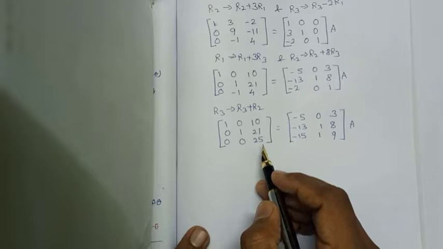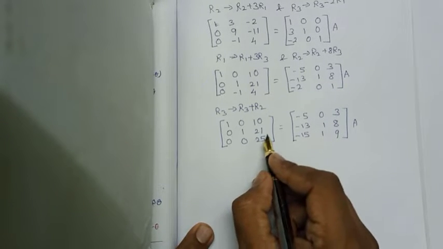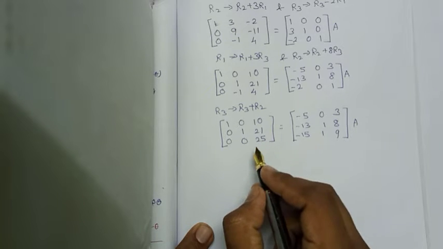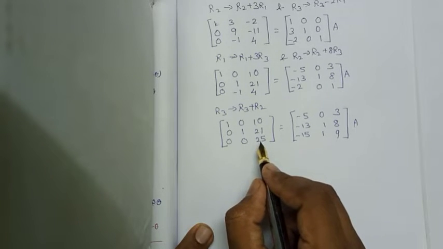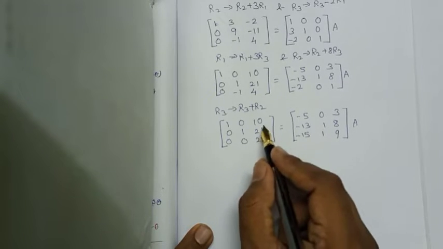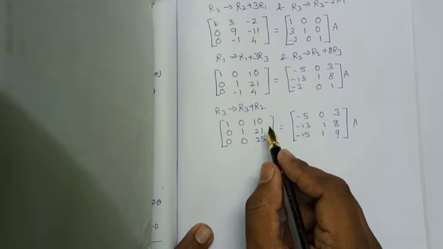We can see both entries are distinct, so any one of the entries we change to 1, that is the third row and third column. This entry we convert to 1 and changing the remaining to 0 is very easy.